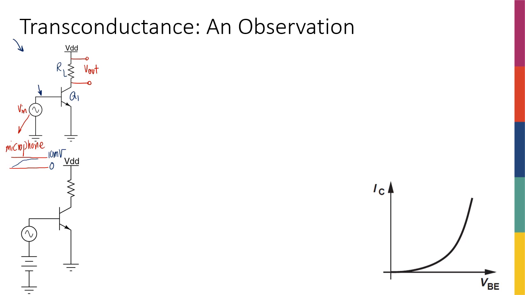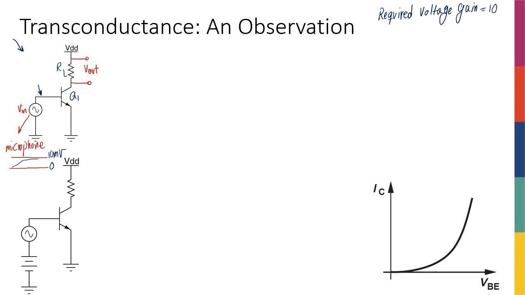The required voltage gain is equal to 10, meaning that if the microphone generates a 3 millivolt signal for me, I would like the output to be 30 millivolts. And if it's 4 millivolts, then 40 millivolts. You get the idea, right?